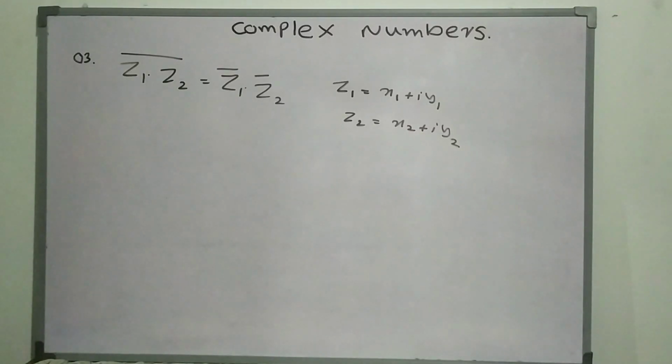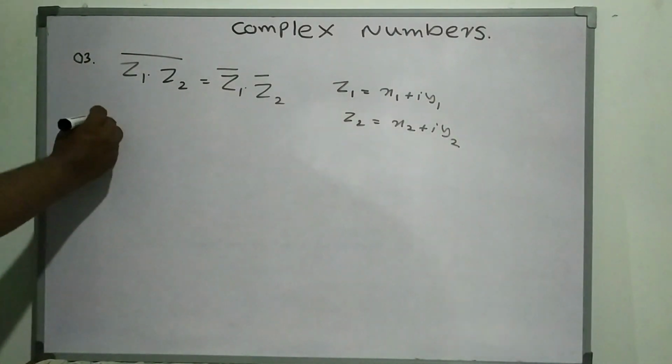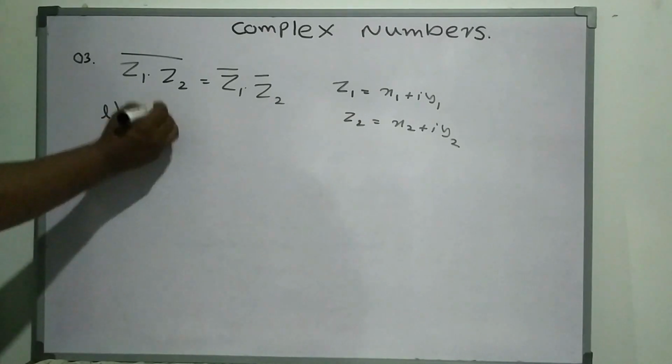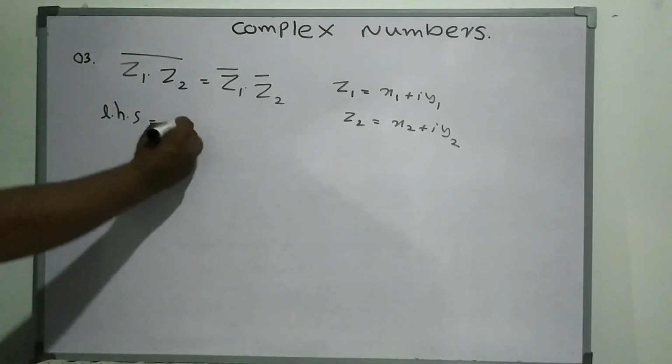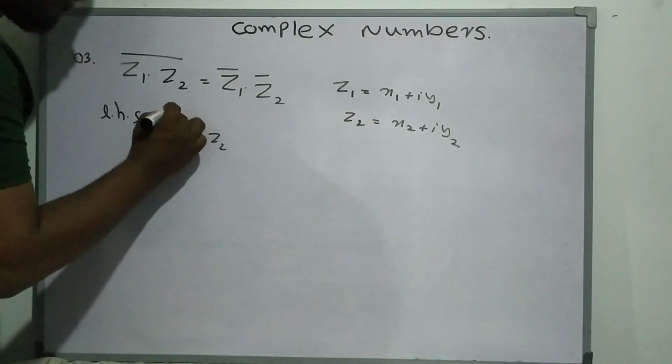Okay, the next theorem, the third one: (Z1 Z2) the product, the bar will be equal to the product of the individual conjugates. I'm starting from the left hand side, (Z1 into Z2) bar.